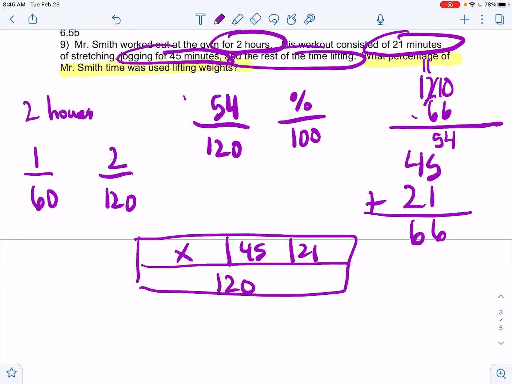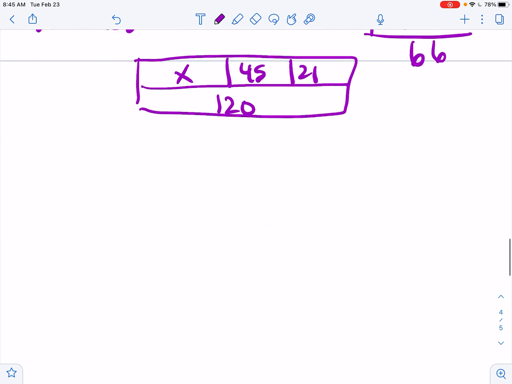I'm going to rewrite this down here. 54 over 120 is equal to percent over 100.